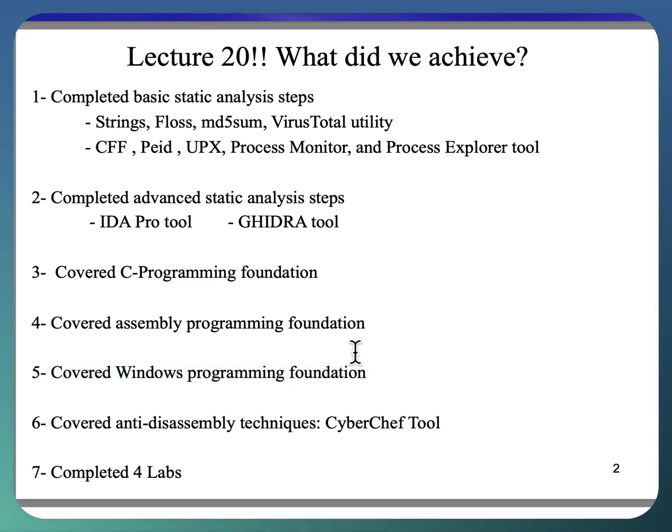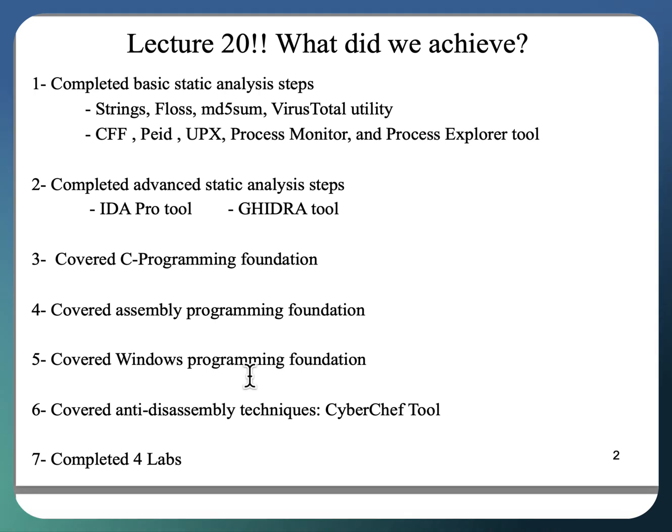Specifically, we talked about Windows APIs, dynamic shared libraries, and Windows functions. Like I said, we did not talk about the CyberChef tool. That's something that we're going to do in our next class. And we actually completed so far 5 labs: labs 2, 3, 4, 5, and 6.